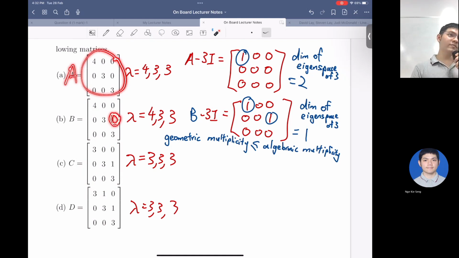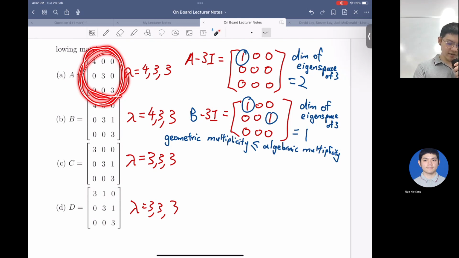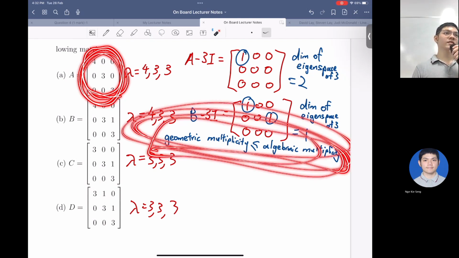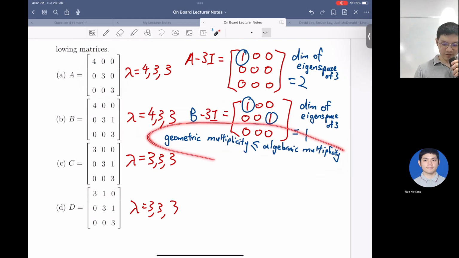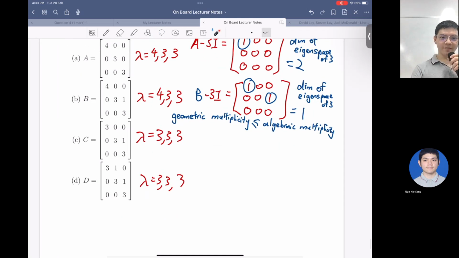But this one has an extra 1, and this one has 2 extra ones. I won't tell you what's going on, but try and see what's the connection between diagonal matrices and geometric multiplicity and algebraic multiplicity.